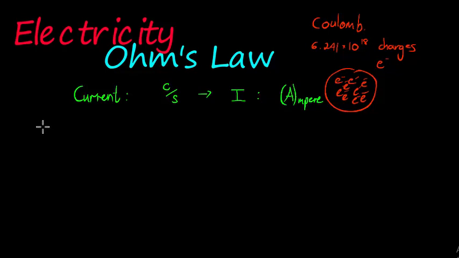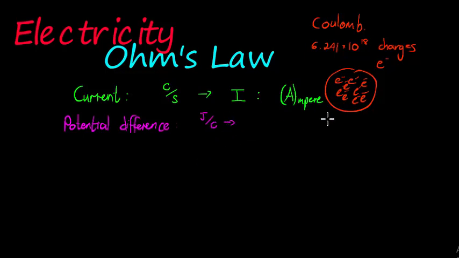Okay, then we looked at potential difference. Now potential difference measured the amount of energy that 1 coulomb will have. In other words, it was joule per coulomb.